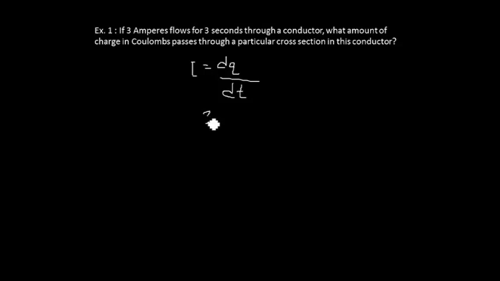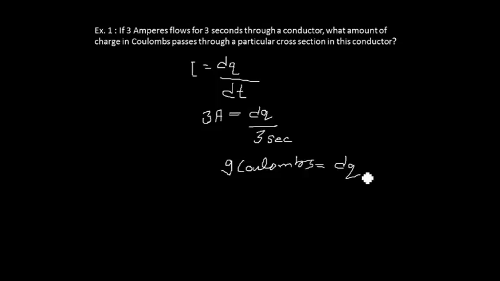I is given as 3 amperes. Here we need to find out charge in 3 seconds. So here the charge comes out to be 9 coulombs. 9 coulomb charge flows through one cross section if 3 ampere current is flowing for 3 seconds.